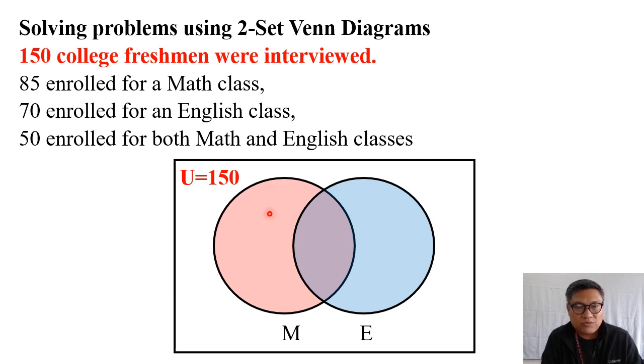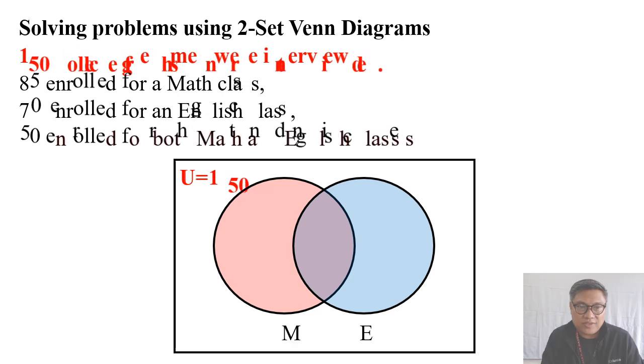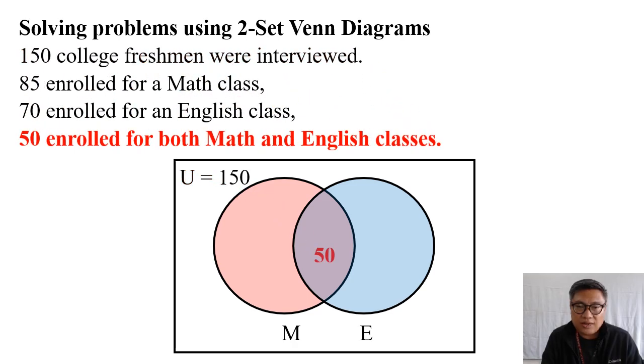The next thing that we do is look for a statement about the intersection of the two sets. In other words, we start here at the intersection, and that would be our 50 who enrolled for both math and English classes.